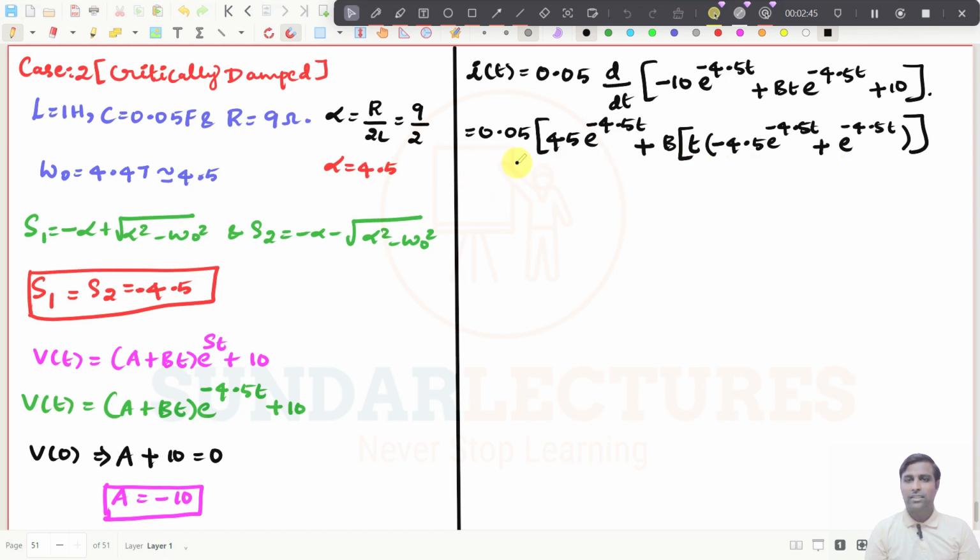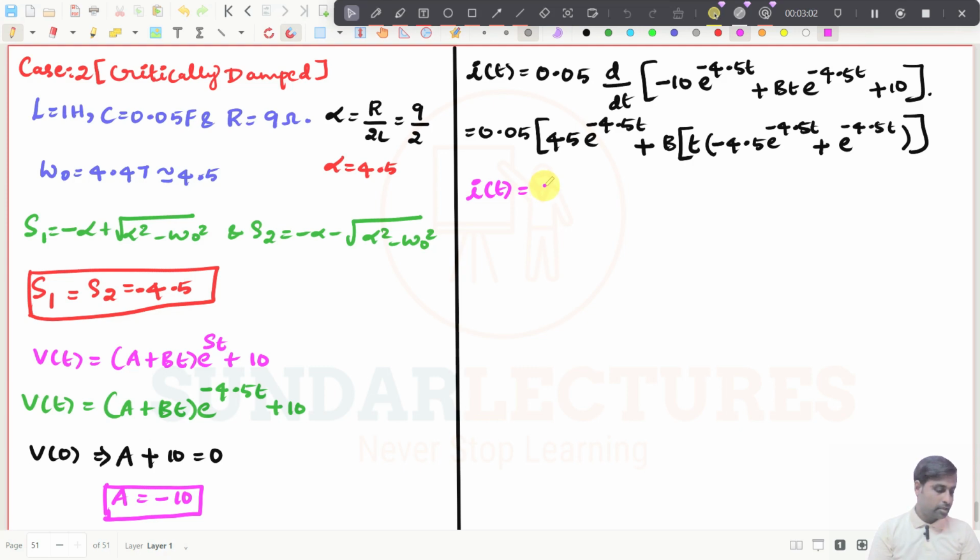So if you further simplify this one, I'm just writing direct answers, you try to simplify the values. I of t, if I further simplify this, I will directly write the I of t value.